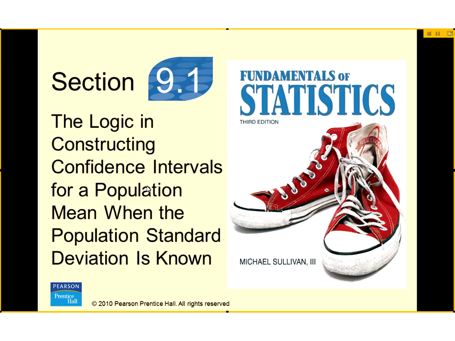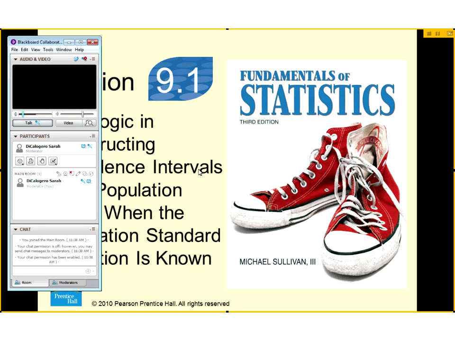Now the question comes up: if I know the population standard deviation, why don't I know the population mean? So this type of confidence interval that we're going to discuss initially is not typically used anymore, but to introduce the concept, we are going to talk about it.